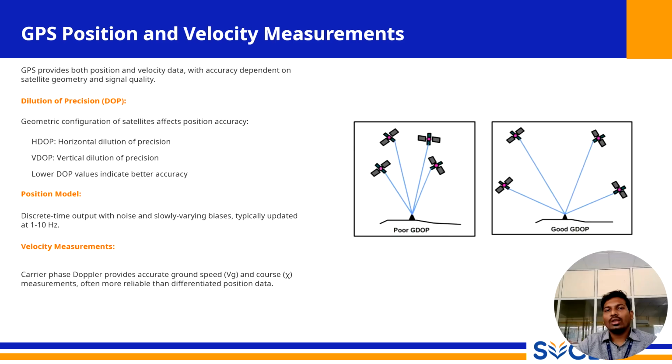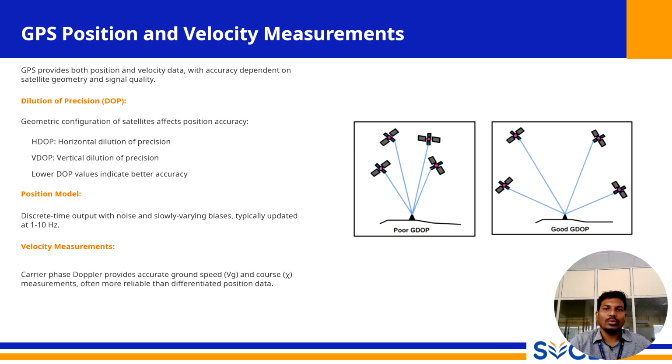This means it delivers positional updates in discrete packets, not as a continuous stream, and these updates are typically updated at 1 to 10 Hz. This is a relatively slow update rate compared to the inertial sensor, and the data is never perfectly clean.